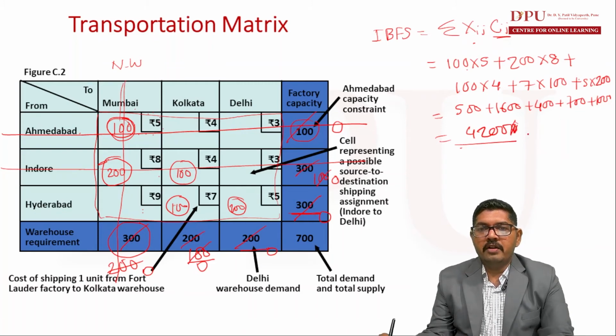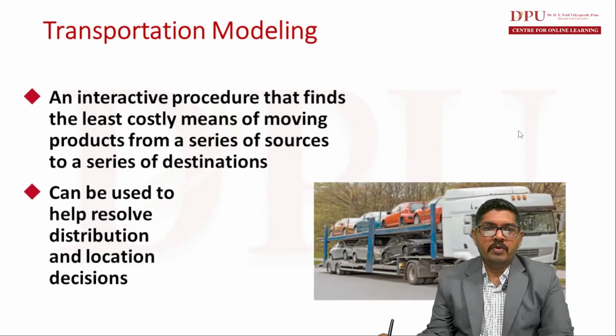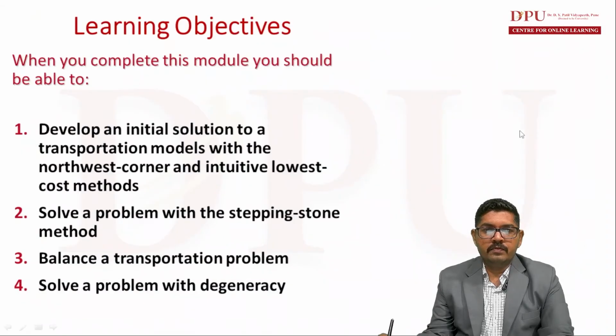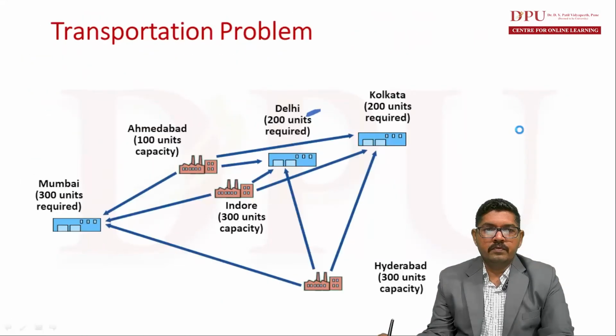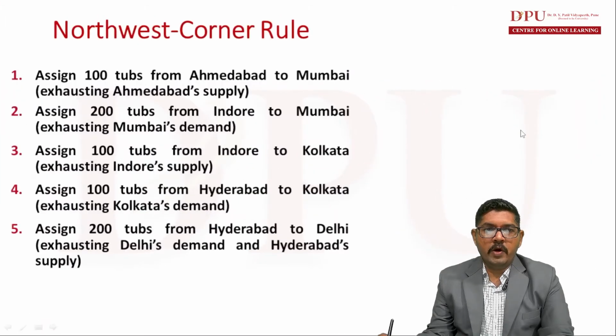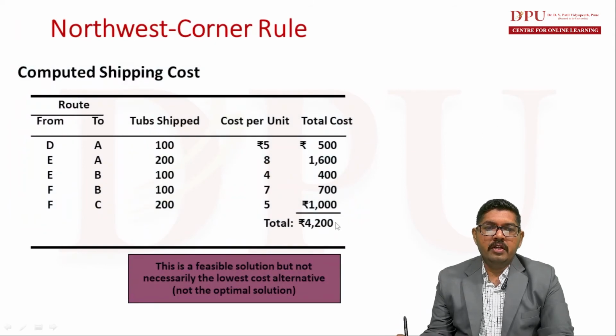So 4200 is the cost of transportation according to the initial basic feasible solution of the northwest corner method. The problem must have been solved here on the PPT also. This is the procedure which we have already discussed, and this is the solution.